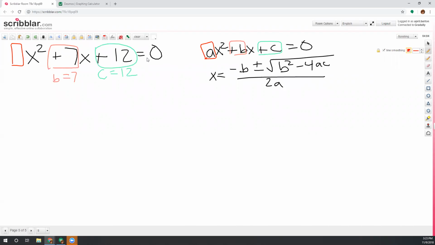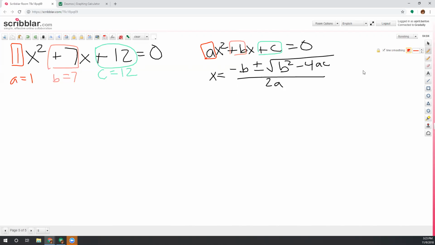And this did need to be equal to 0, but it already was. So this very first one doesn't have a number written in front. What number do we know is there, even if it's not written in at first? And we got a chat answer, which is correct. A is 1. If there's no number already written, then we know that we can put a 1 there.